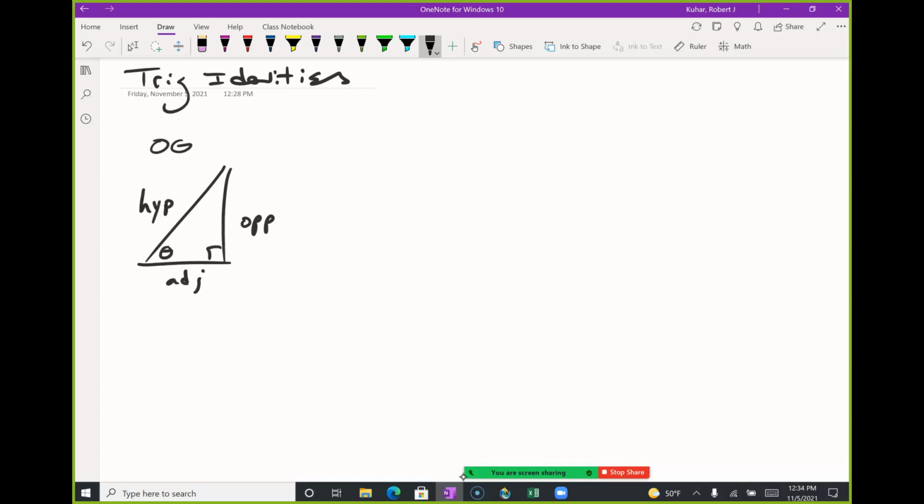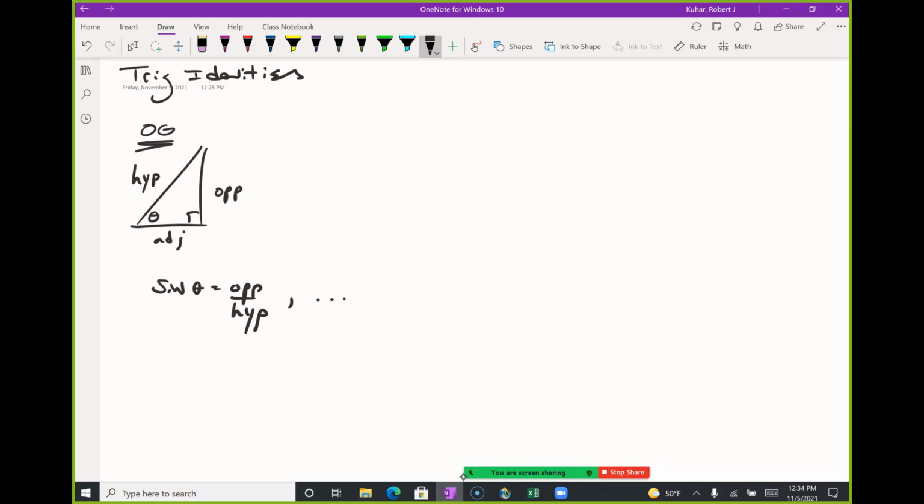So I'm not going to list all of these unless they're brand new. But obviously we have sine of theta equals opposite over hypotenuse, cos of theta, etc. You know all of these. So these are the old school, the original way we're defining these trigs.